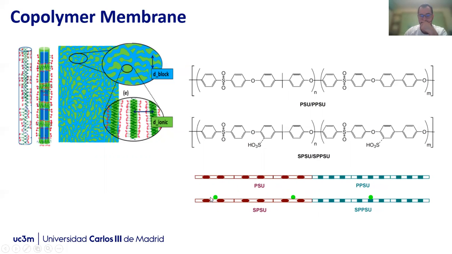But as I will show you later, both blocks are in fact sulfonated, so there is not a very clear separation between the two phases. But our target with this copolymer membrane is to design membranes with blocks that have very different properties, and we can reach this trade-off between durability and conductivity, say, performance.